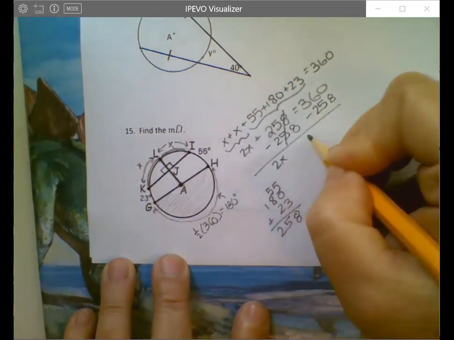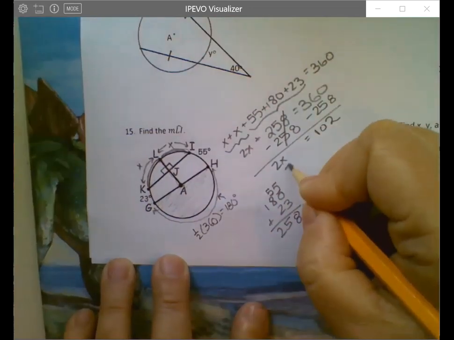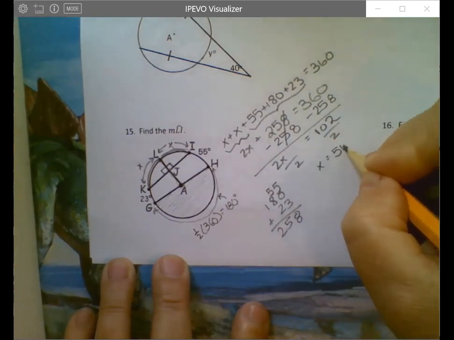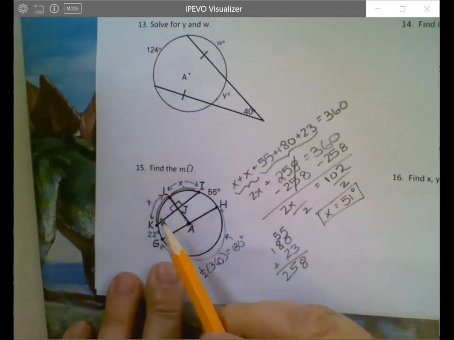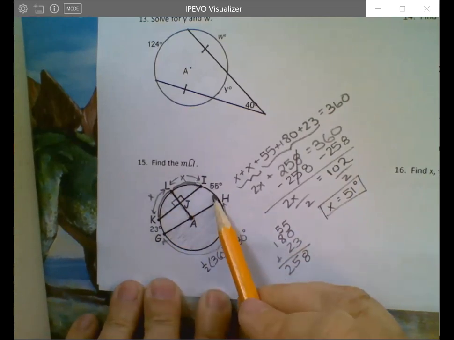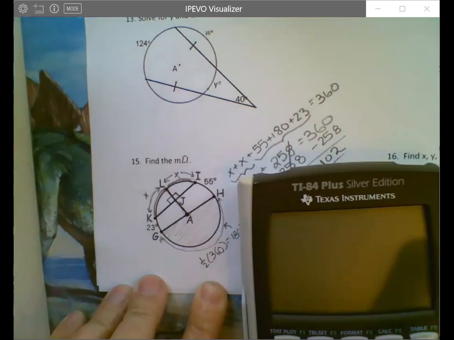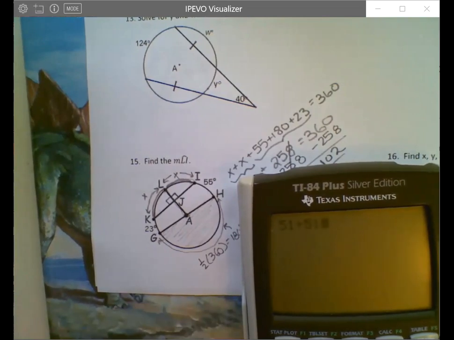And I get 2x equals 102. Divide both sides by 2, and I get that x equals 51 degrees. You can always double check it by taking 51 plus 51 plus 55 plus 180 plus 23 and just making sure that you do get a full circle. So let's try that. 51 for x plus another 51 for the other x plus 55 plus 180 plus 23. Hope this works. Yep, 360.